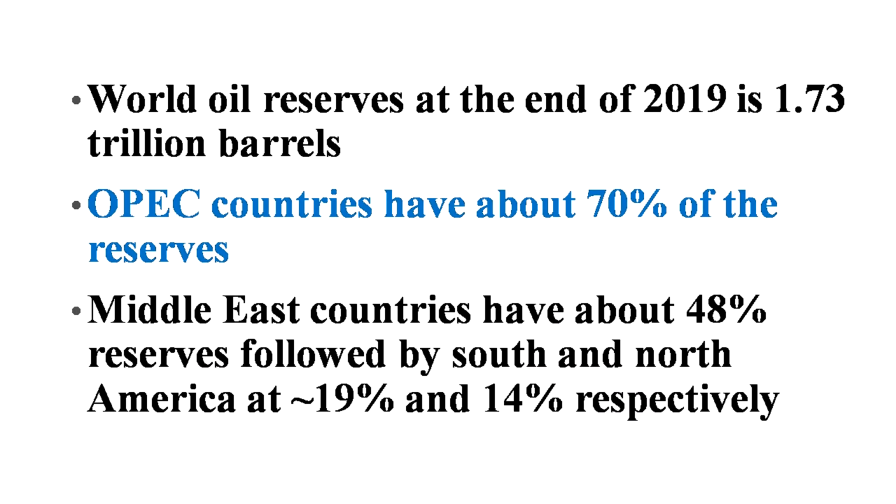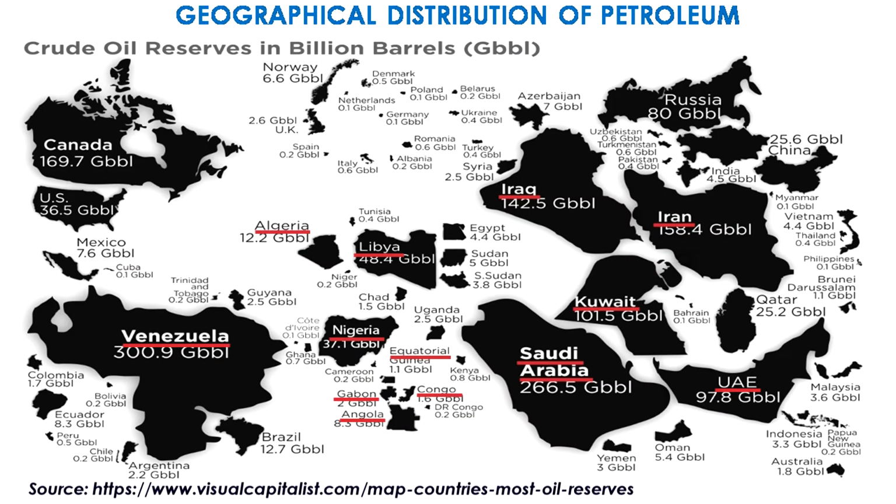So, the Middle Eastern countries hold about 48% of the reserves. Here I have shown you the members of the OPEC countries by underlining them with red. As you can see, there are about 14 countries today who are members of the OPEC association.